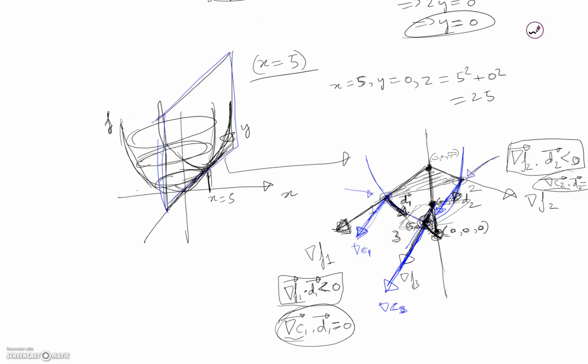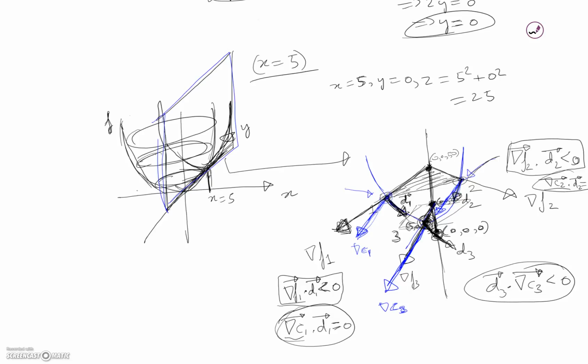you are no longer perpendicular to del c. And in fact, the dot product with del c is less than 0. So if we call this direction going from point 3 towards the origin d3, then d3 dot del c3 is actually less than 0 and not equal to 0.